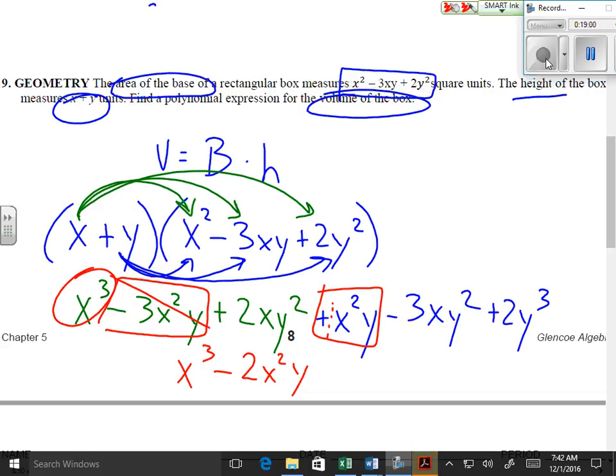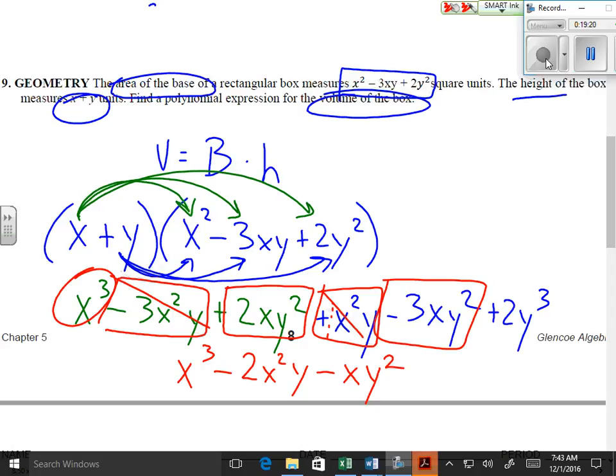I'm done with those. Now let's go to the next term, which is of type xy squared. We have another type xy squared right there. And we put those together. 2 minus 3 is negative 1. So negative 1 xy squared. I don't need to write the 1.